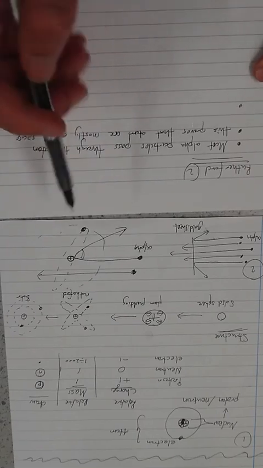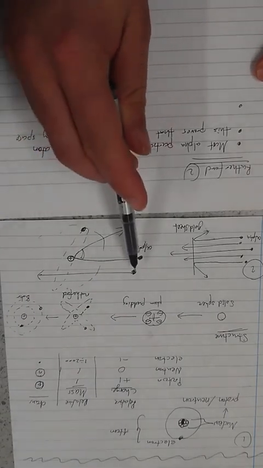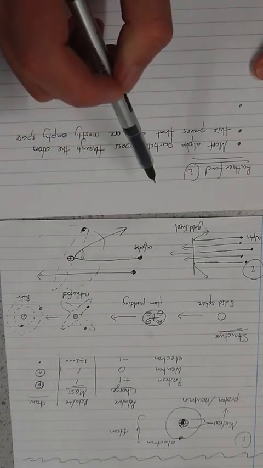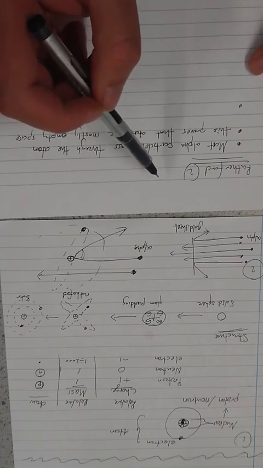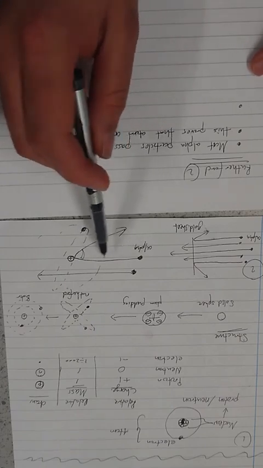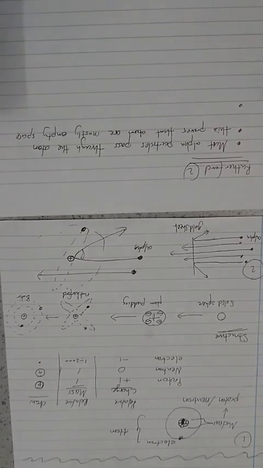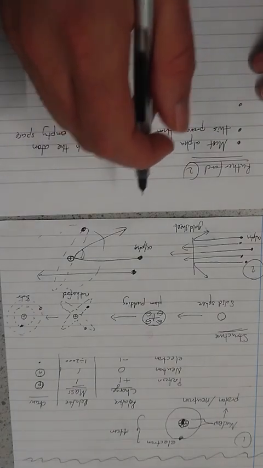Third point. So now what we've done is two points talking about the ones that pass through. Now we're going to write down two points about the ones that are deflected.